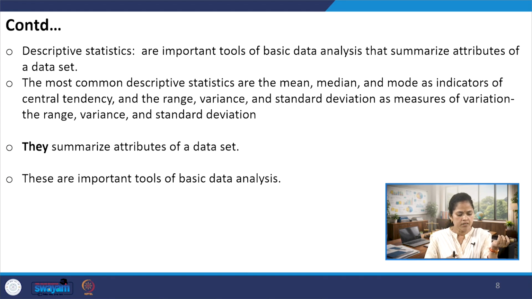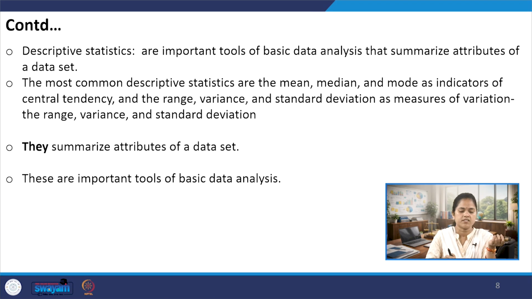Okay, so here what can you do? You can use simple descriptive statistics, okay, which are perceived to be important tools for basic data analysis, because these descriptive statistics can summarize the attributes of the data.